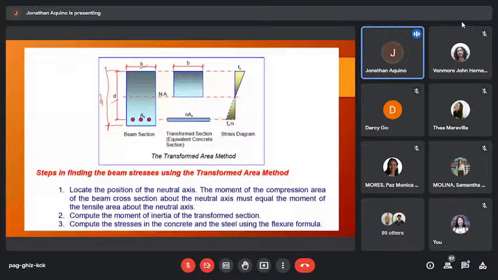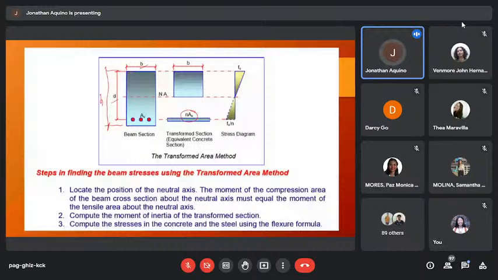Okay, so this is the stress diagram. So take note that the stress diagram for working stress design is linear. Okay, the fc is equal to 0.45 square root of f prime c.